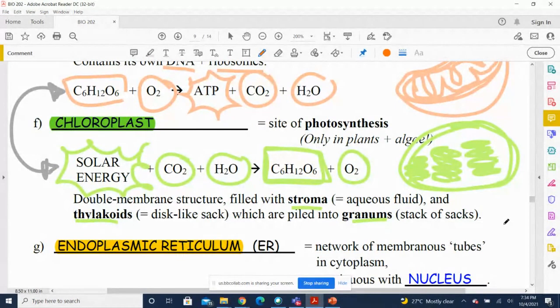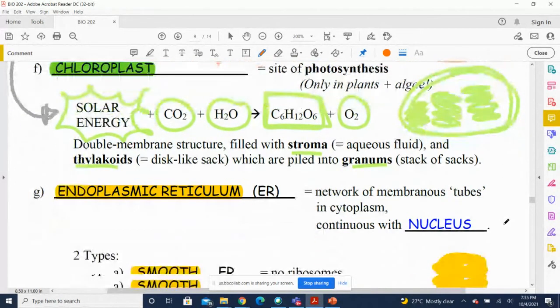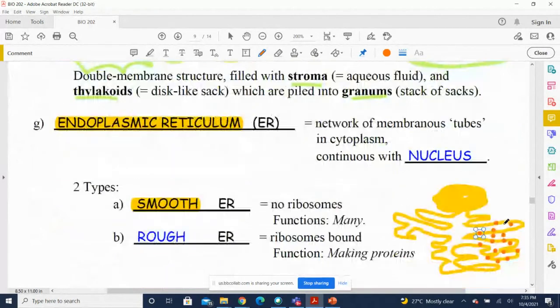So F was chloroplast. That was only found within plants, also in algae. So anything that can do photosynthesis has chloroplasts. Can you go back? And from there, we got into the endoplasmic reticulum. I talked about how we had smooth endoplasmic reticulum, which was just a membrane itself.